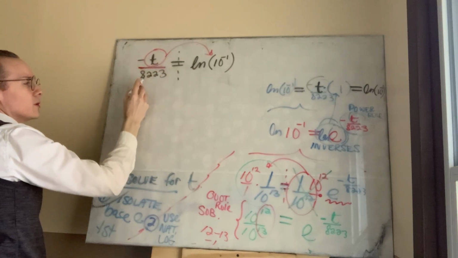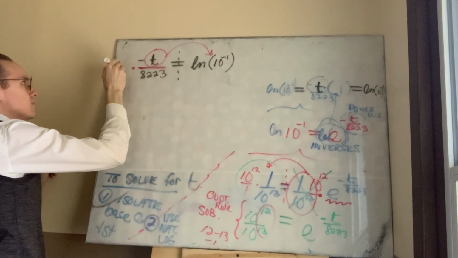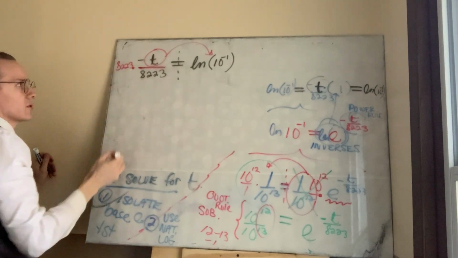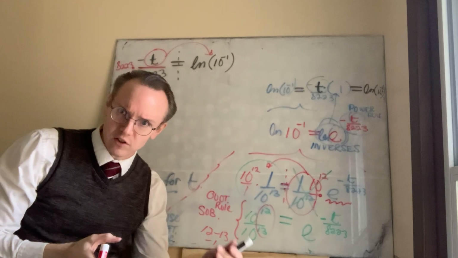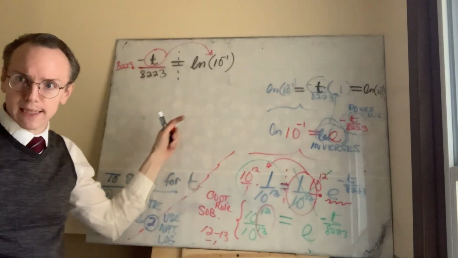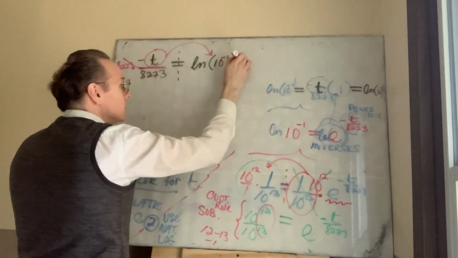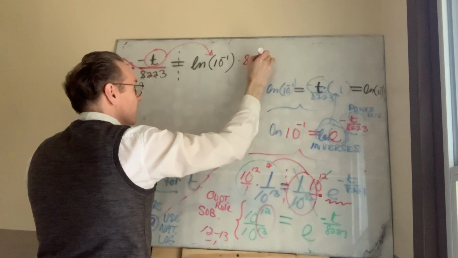Perform the opposite operation. The opposite of dividing by 8,223 is to multiply by 8,223. And there's the nice balancing act that is algebra once again. If I did it here, then I'm obligated to do it there exactly the same way. You can get away with murder in math as long as you're consistent that way.